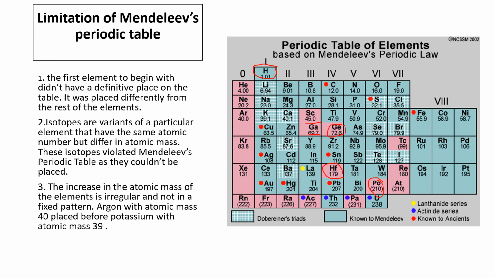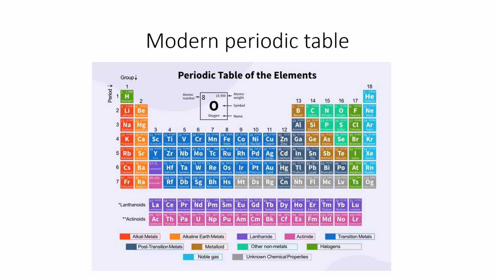The increase in the atomic mass of the elements is irregular and not in a fixed pattern. Argon with atomic mass 40 is placed before potassium with atomic mass 39. You see here. Okay, then we go next.